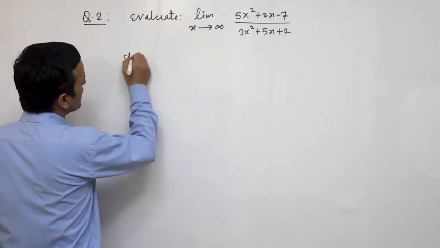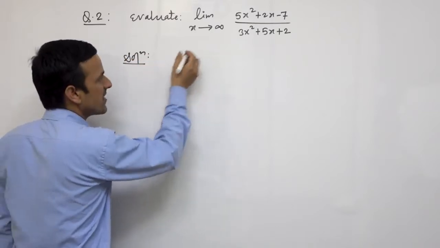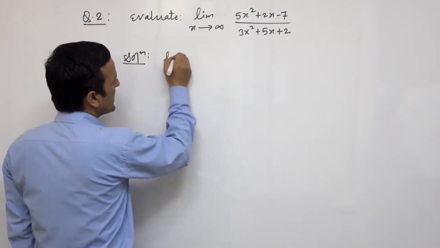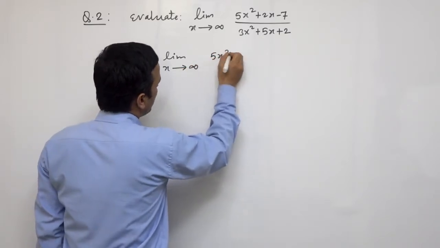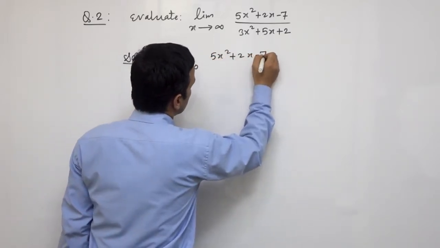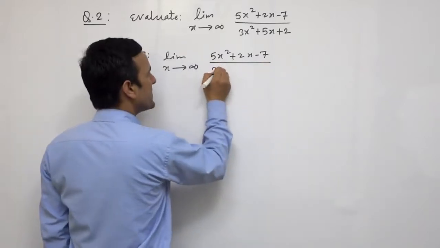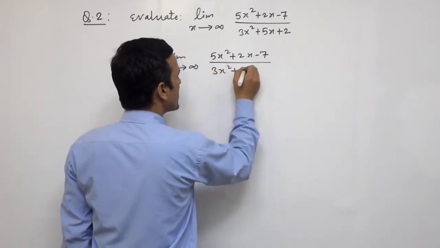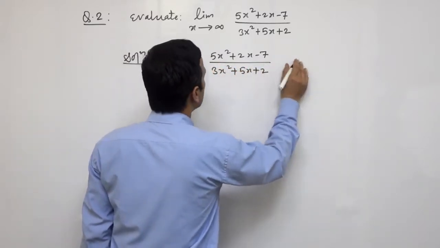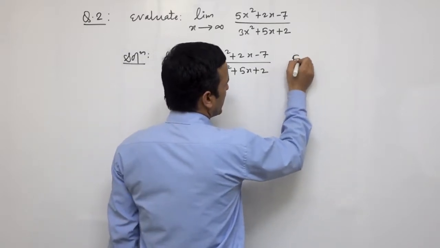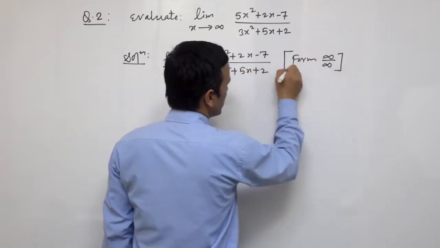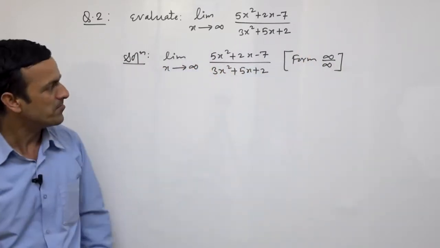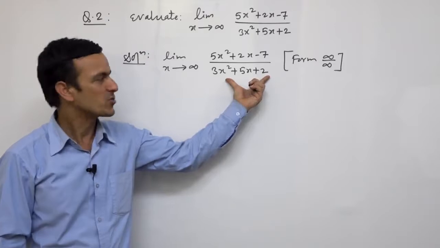Here, in the solution, let's write the question first of all: 5x square plus 2x minus 7 divided by 3x square plus 5x plus 2. So here the form infinity by infinity is the indeterminate form obtained by this question.